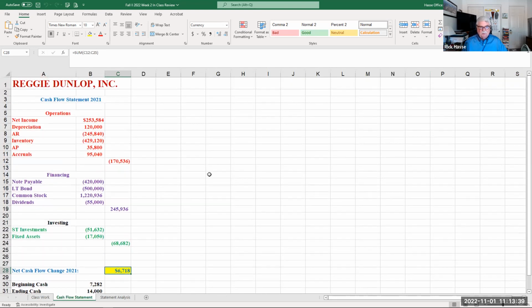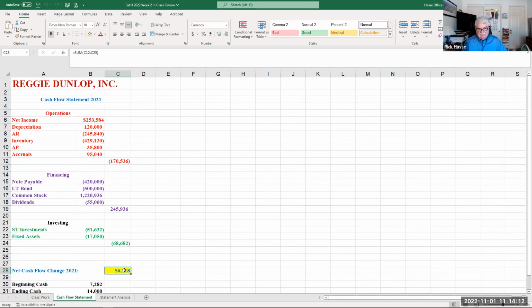The cash flow statement is broken into three sections: cash flow from operations, cash flow from financing, cash flow from investing. Cash coming in, cash going out. The net effect of these three areas of the cash flow statement should equal the delta in the cash position of the company on the balance sheet.